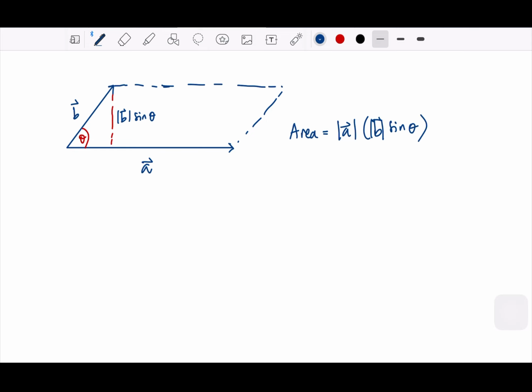And by doing so, we have established that the area of the parallelogram is actually the magnitude of A cross B. So the length of the cross product of A and B is equal to the area of the parallelogram.